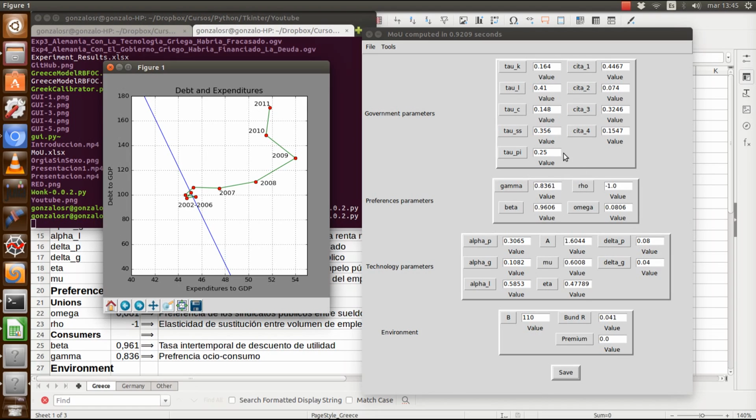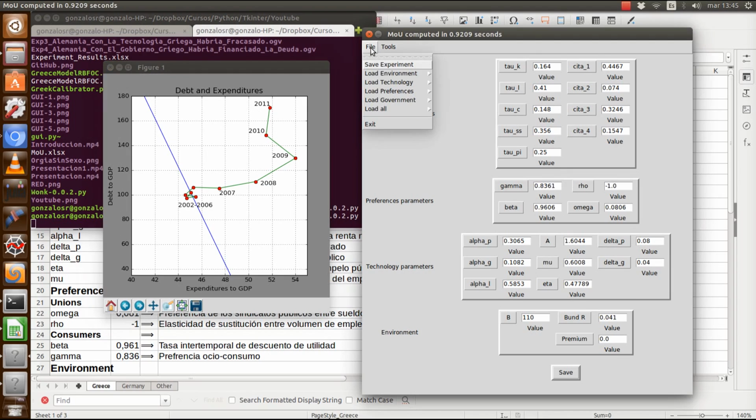This would be like running an experiment where the Greek economy, with the Greek consumers, the Greek technology, and the Greek environment, faces the German tax code. So we go to load government, we load Germany, and now only these values have changed.